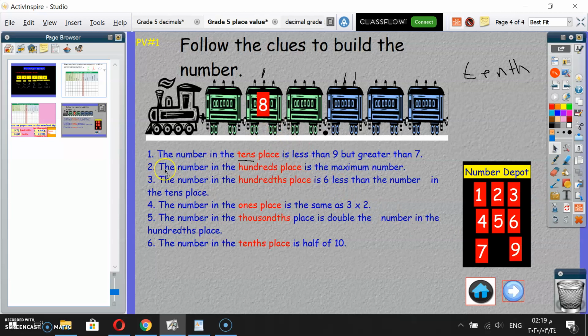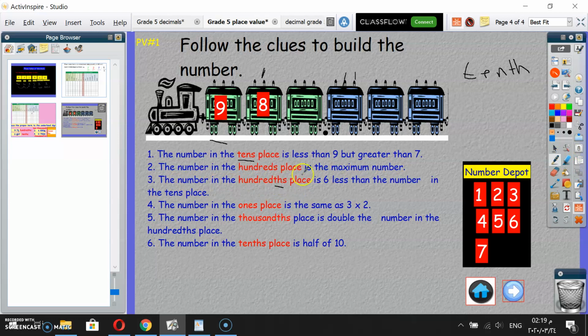Second question. The number in the hundreds place is the maximum number. Here are the numbers. The hundreds place, so here is the decimal point, ones, tens, and hundreds. So here is the hundreds. Maximum number from these numbers, then it is 9. Third question. The number in the hundredths place, pay attention, HUNDREDTHS, so it's to the right of the decimal point.